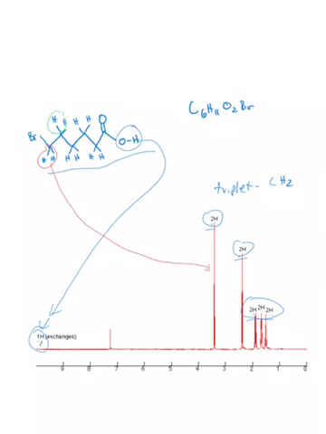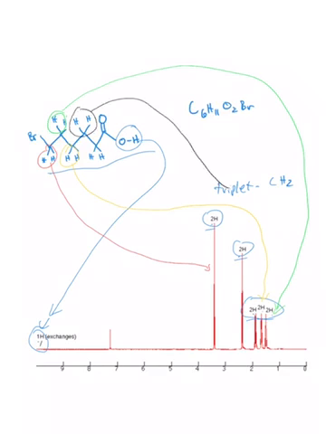So that's going to be this group right here. Then this environment here, since it's not directly attached to the carboxylic acid or the bromine, is going to be the least shifted to the left, so it's going to be that one there. And then we can follow this pattern and see that this environment would correspond with this here, this environment will correspond with this here, and this environment here will correspond with this.